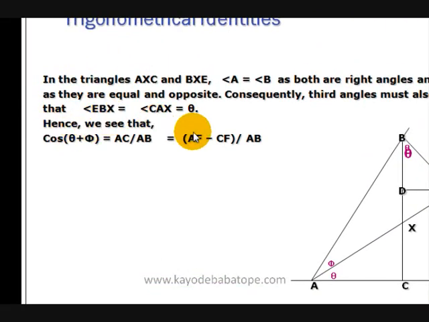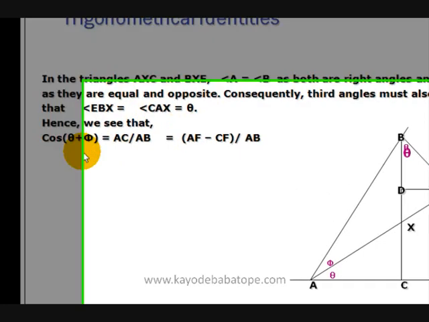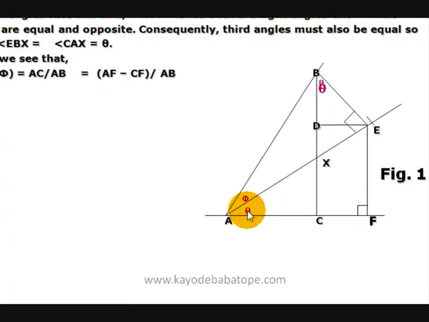Hence, we see that cos(theta plus phi); you see this is theta, this is phi. Therefore, cos(theta plus phi) is this entire angle. Remember, from basic trigonometry, we said that cosine equals adjacent over hypotenuse. Therefore, cos(theta plus phi) equals AC over AB. I hope that is clear.